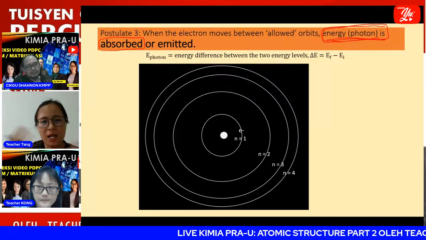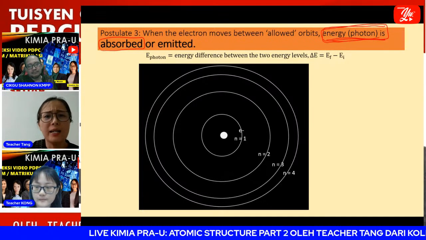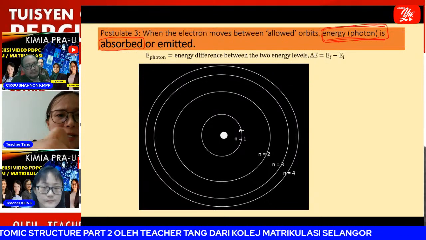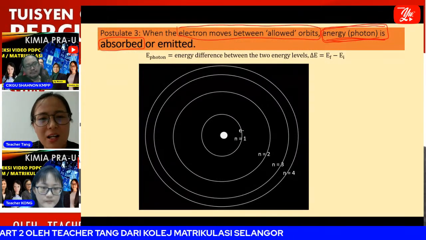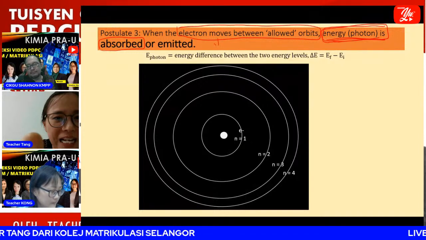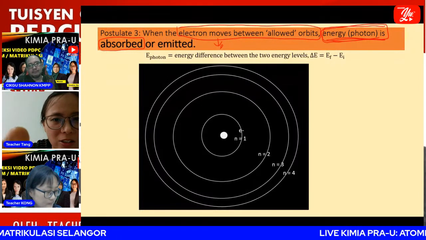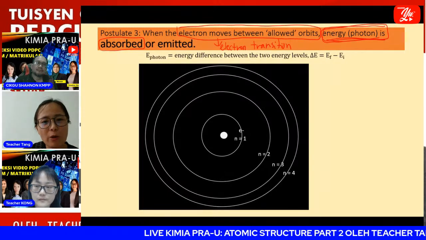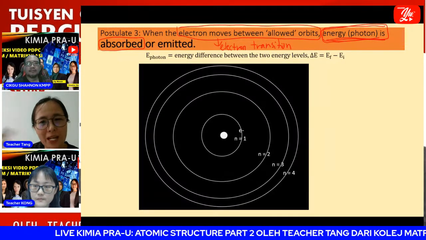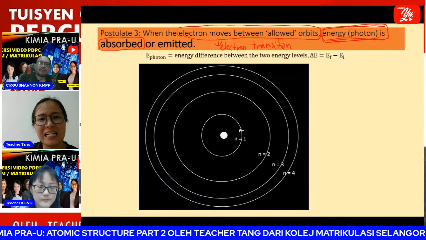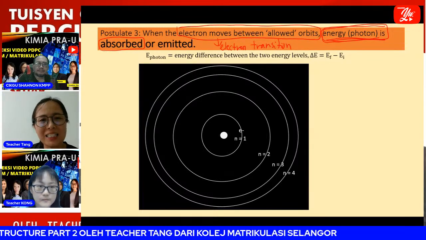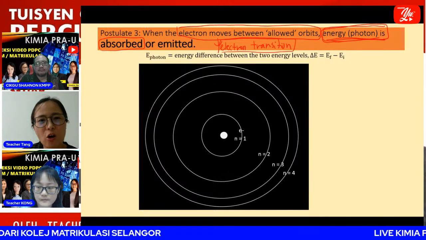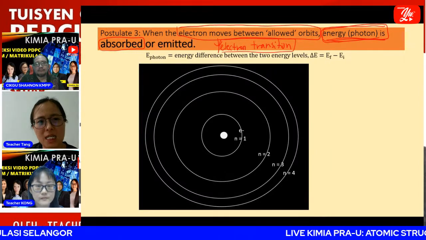One thing you need to know is that the movement of electrons between orbits or between energy levels, we call this electron transition. Electron transition between orbits or energy levels requires a photon to be absorbed or emitted.